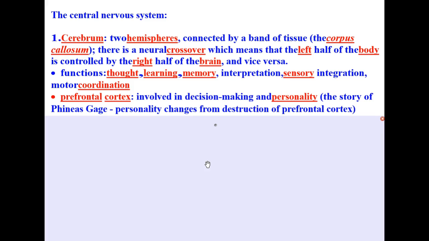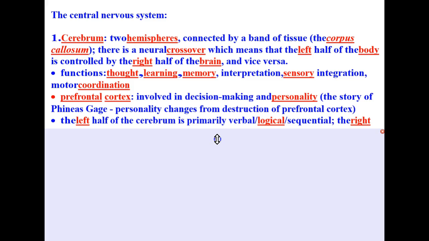But because it went through his prefrontal cortex, he ended up with damage to it, and it ended up changing his personality. This is the first known case in which they began to understand that damage to the prefrontal cortex is related to personality, and made that connection. Pretty cool story. I would encourage you to go look it up.